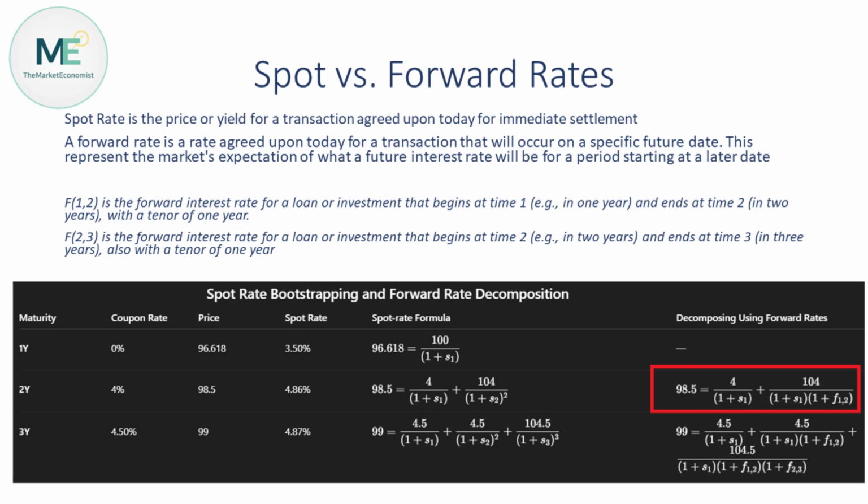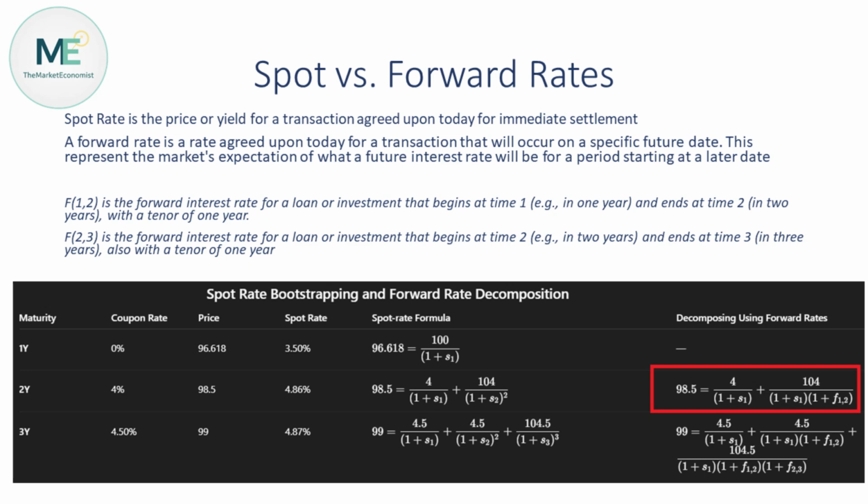So now we know that 98.5 is equal to 4 upon 1 plus S1, plus 104 upon (1 plus S2) squared. But (1 plus S2) squared, the second spot rate, can be decomposed into two rates. (1 plus S2) squared means discounting for 2 years. Now discounting for 2 years can be decomposed into discounting of 1 year at S1 and then applying a forward rate on top of that discounting.